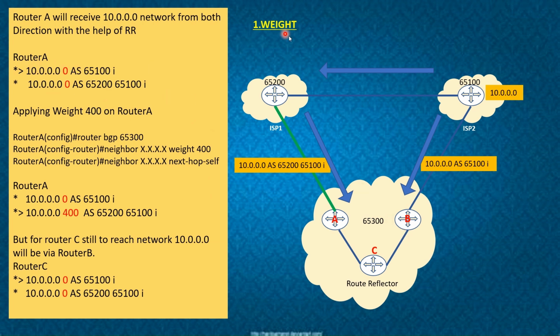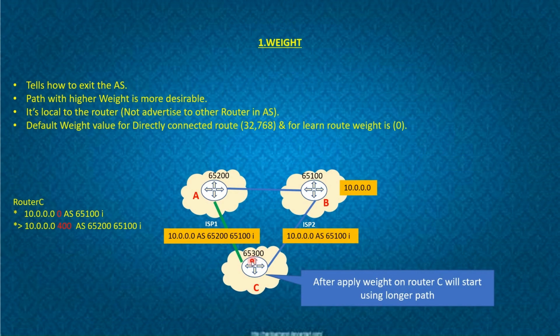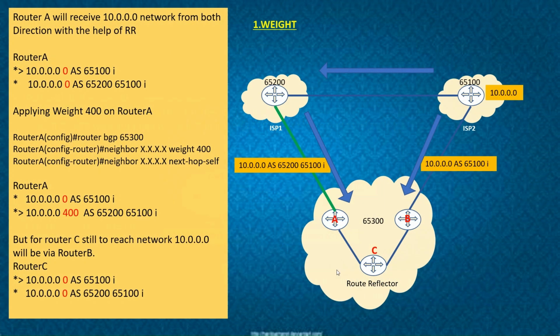And like you can see, here is the network 10 which I am defining. But there is one drawback: this weight attribute cannot be shared with another IBGP neighbor.